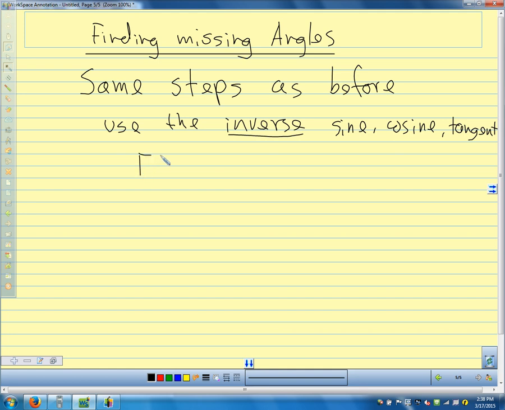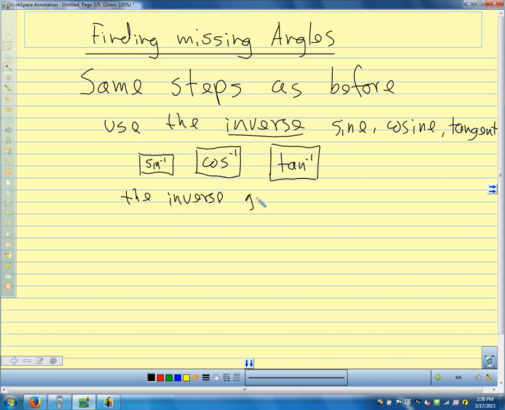So those buttons on your calculator, most calculators now, will look like this. Inverse sine, inverse cosine, and inverse tangent. The inverse gives us an angle. But we set the problem up the exact same way.